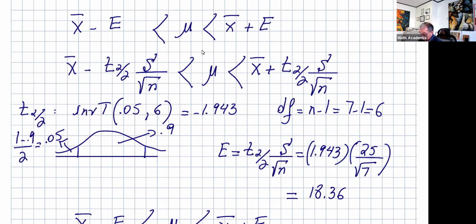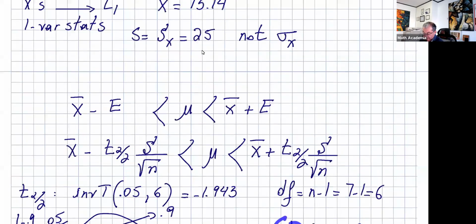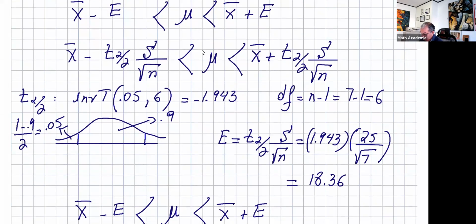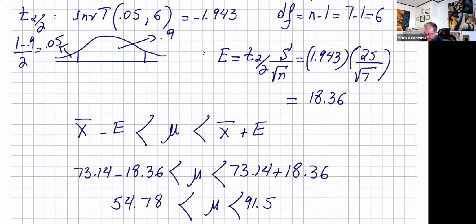So it's 1.943 times s, which we got from the calculator, divided by square root of 7, and 7 is n, the sample size. If you do that, you get 18.36.